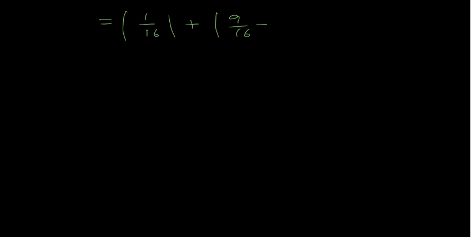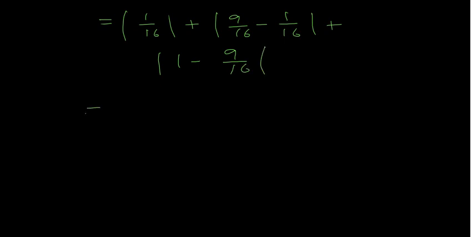So this is here 1 by 4 whole square, that's 1 by 16, plus the last mod, that's 1 minus 3 by 4 whole square, that's 7 by 16.